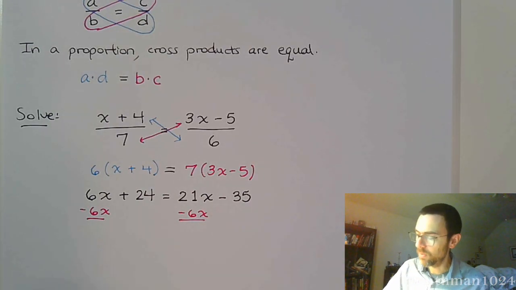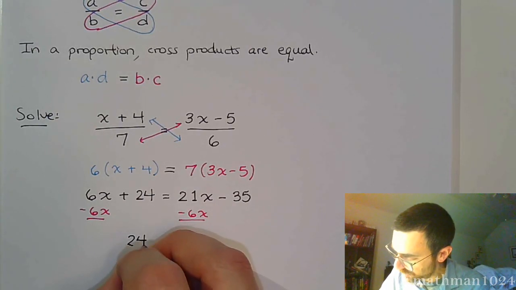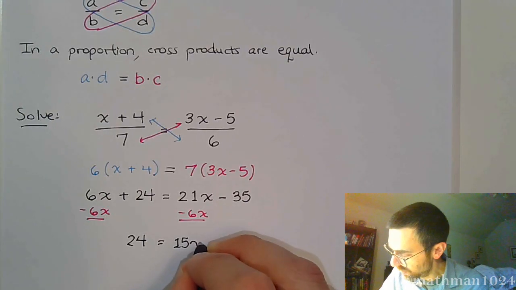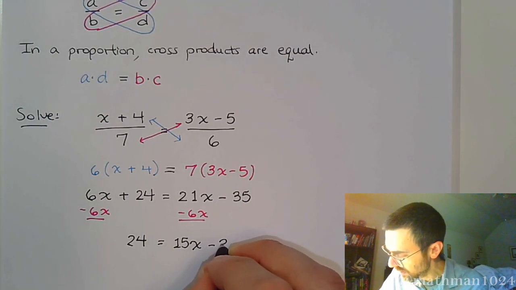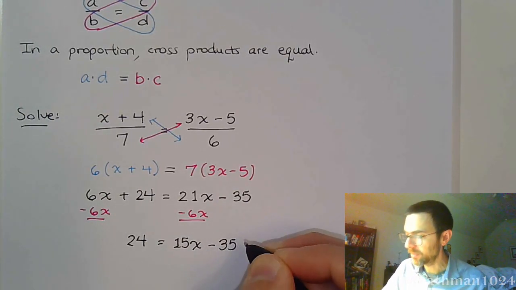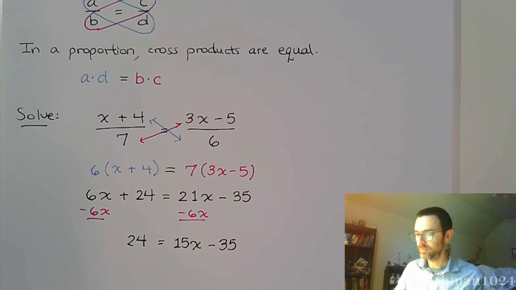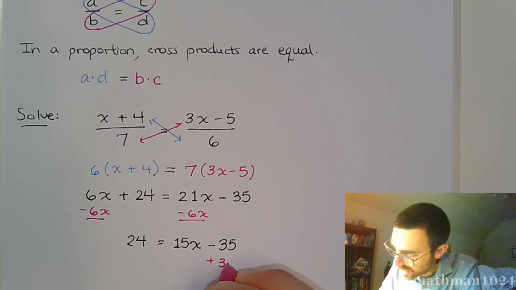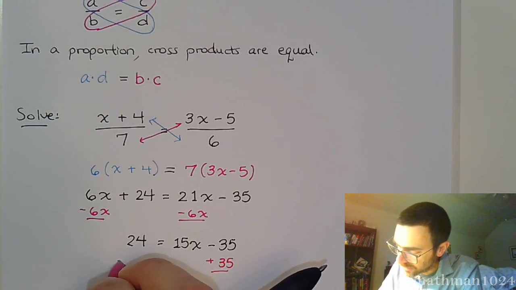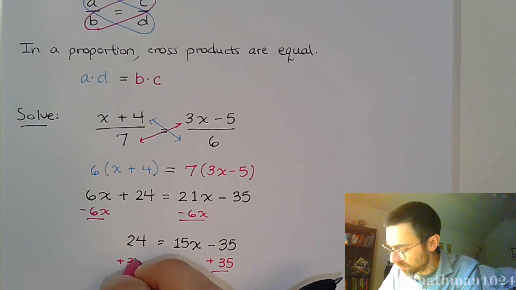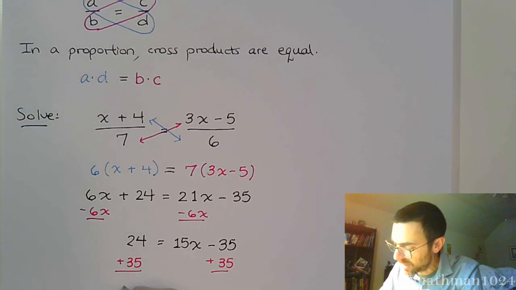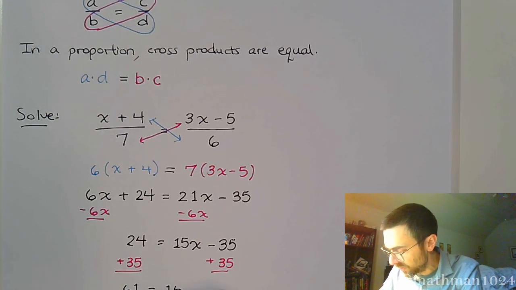Once I do that, we have 24 is equal to 15x minus 35. And now we move the 35 to the other side because this is just a small, nice linear equation. So 24 plus 35 is 61. And this equals 15x.